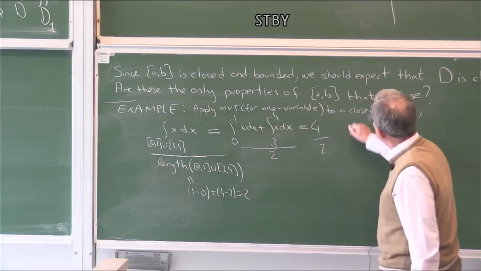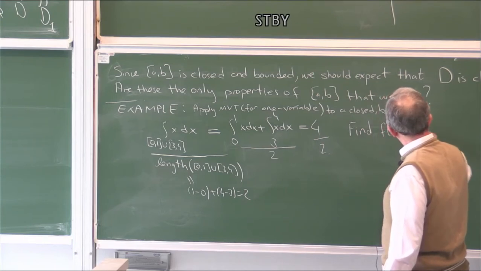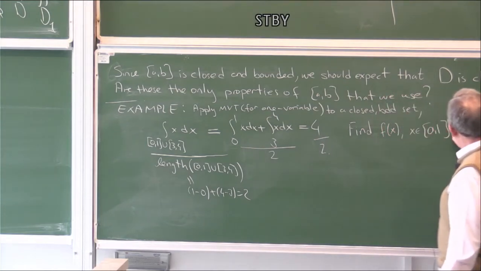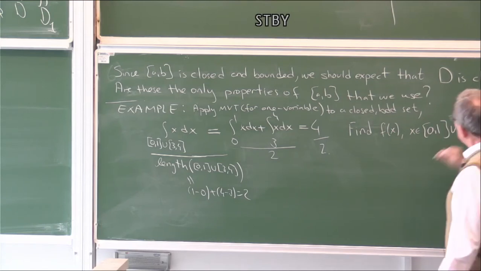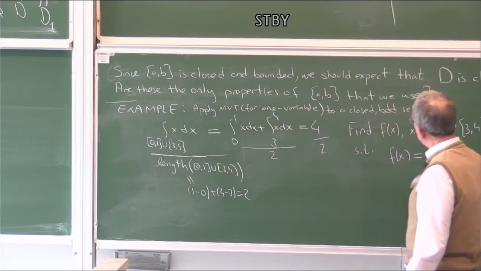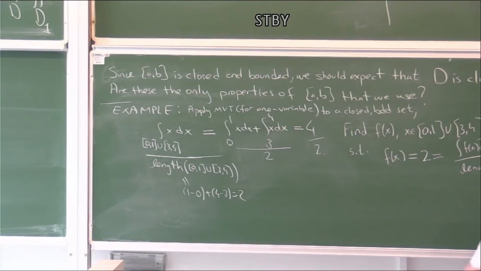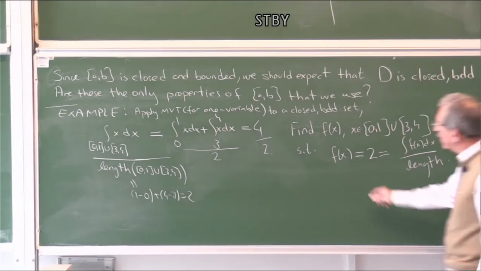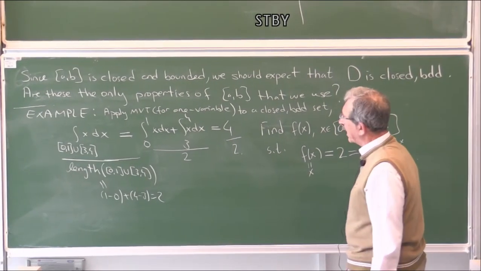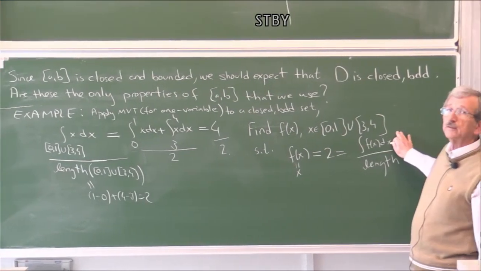So the question is: find f of x, where x is in [0, 1] union [3, 4], such that f of x is equal to 2, which happens to be the integral divided by the length. But f of x is x, and there is no 2 in this set.